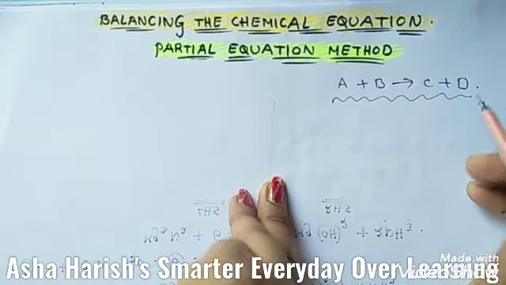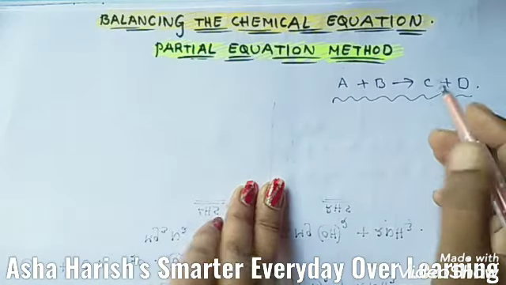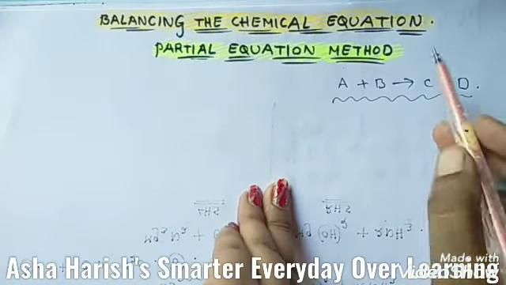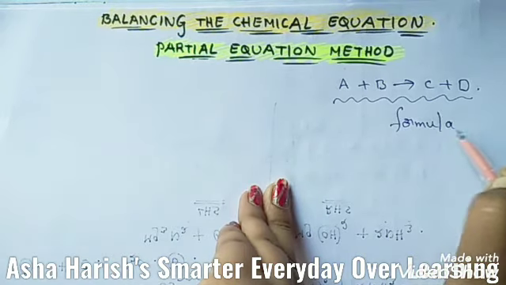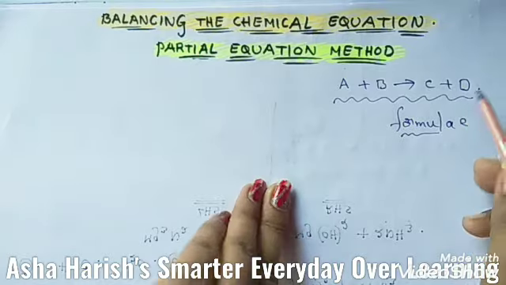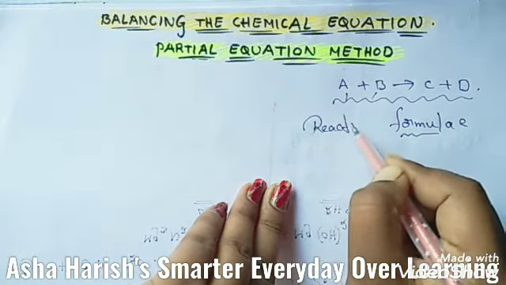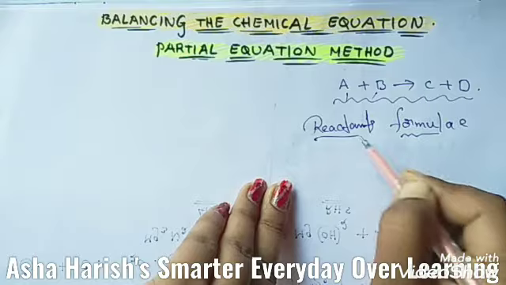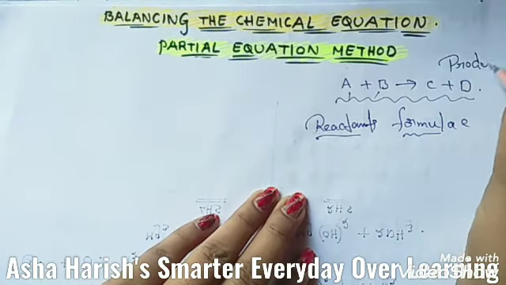Here we should not use the general names or common names of the chemical compounds. You have to use only the chemical formulae of the chemical substances. Here A plus B, these two are the reactants, and C plus D, these two are products.